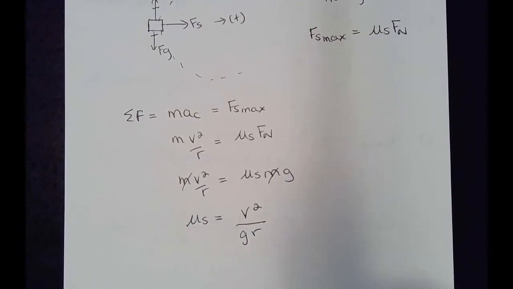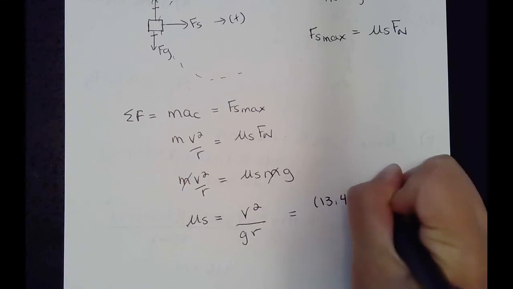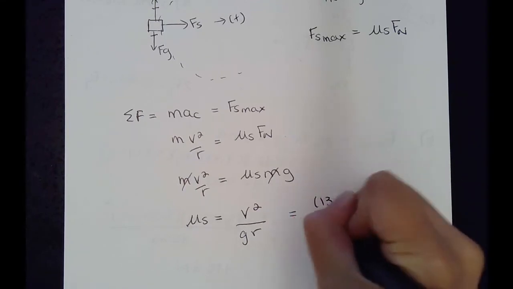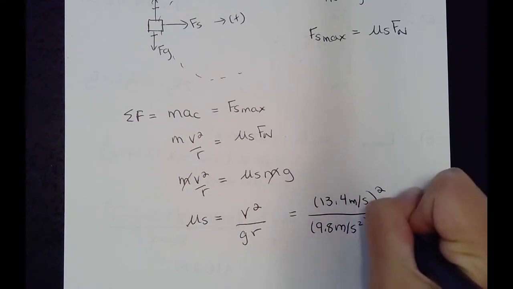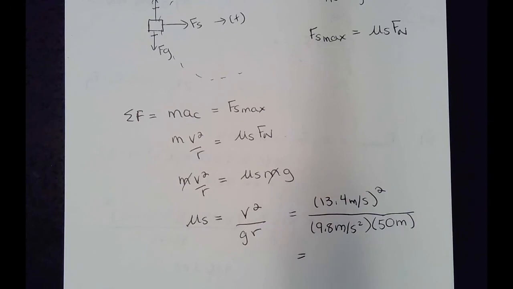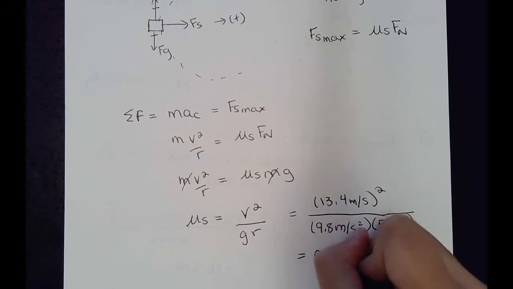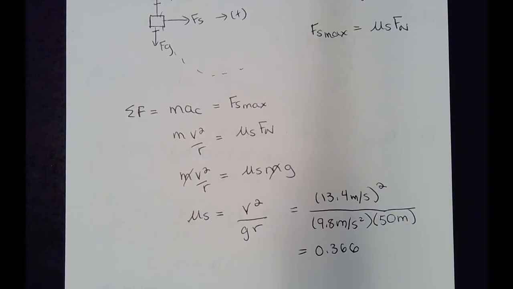And then we can just plug that in. So 13.4 meters per second squared over 9.8 meters per second squared times 50 meters, which is 0.366 for the minimum coefficient of static friction that will still allow the car to make the turn.